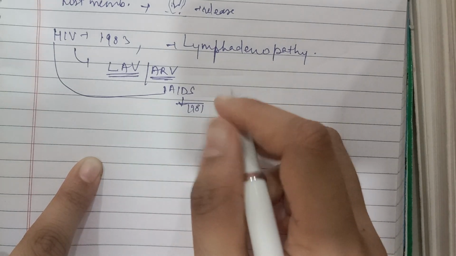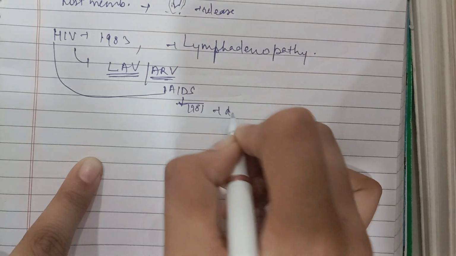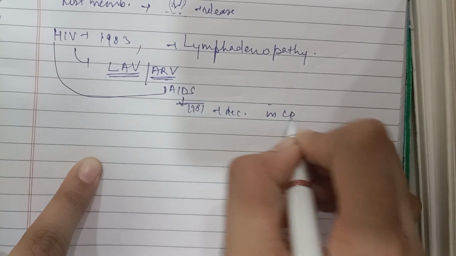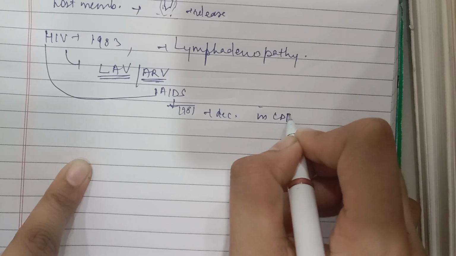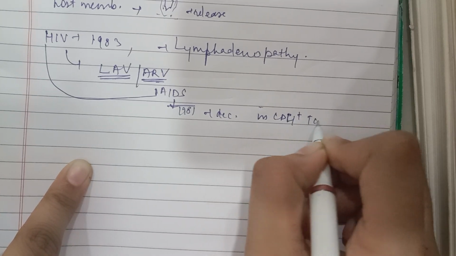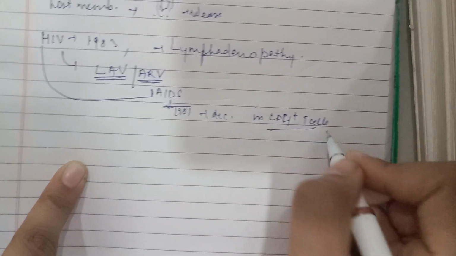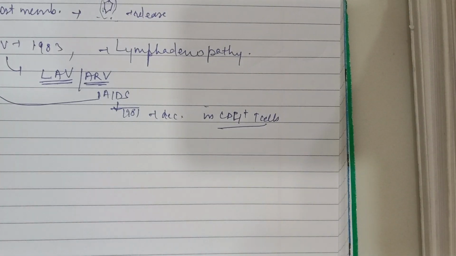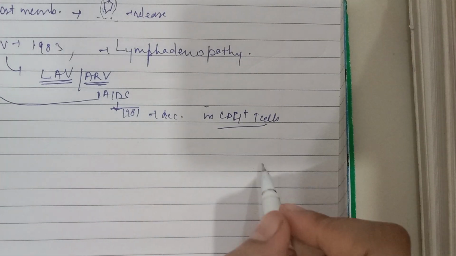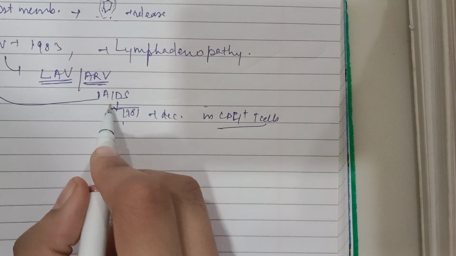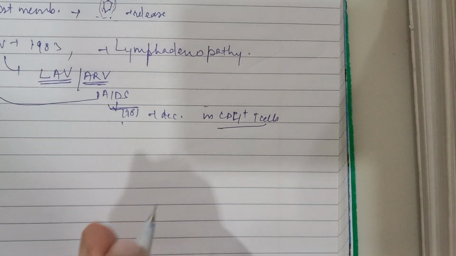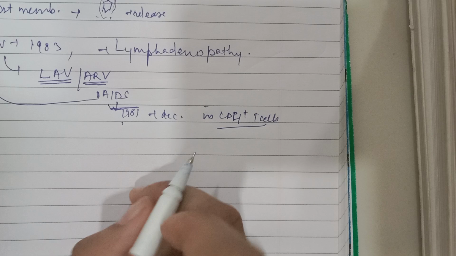The AIDS patients showed a decrease in CD4 positive T cells. That means T cells having CD4 as a marker on them. They were decreased in number in those patients. Now, what makes them decrease in number? We'll see to it.